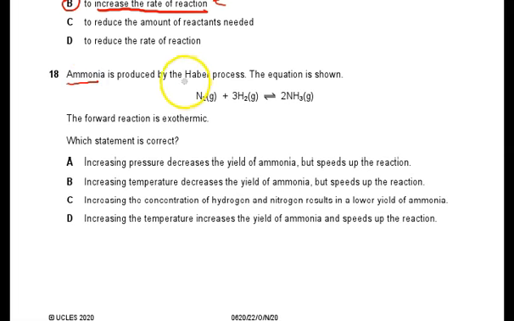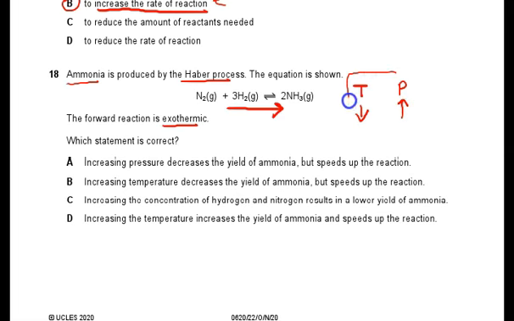Ammonia is produced by the Haber process. This is the equation, and the forward reaction is exothermic. Now if it is exothermic, it means to move the reaction to the right, we need to have the temperature under control, which is reducing the temperature, and the pressure we have to increase.